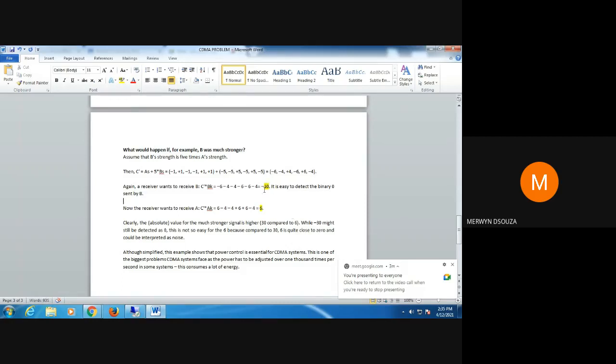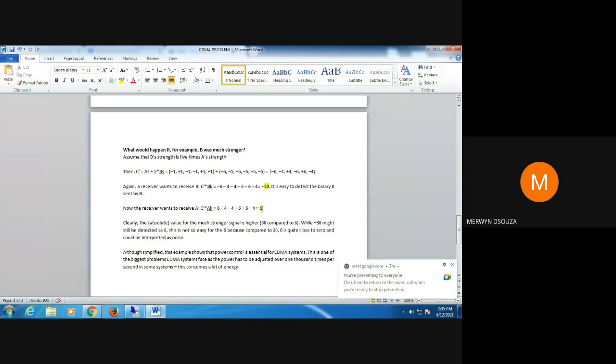You know that this 30 is quite far away from 0, so you can deduce that it is a binary 1 or 0 by applying the sign that is obtained. But this 6 is quite close to 0, so it's not so easy to interpret, and it could also be interpreted as noise.